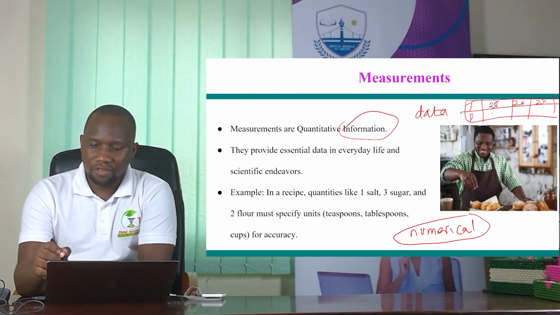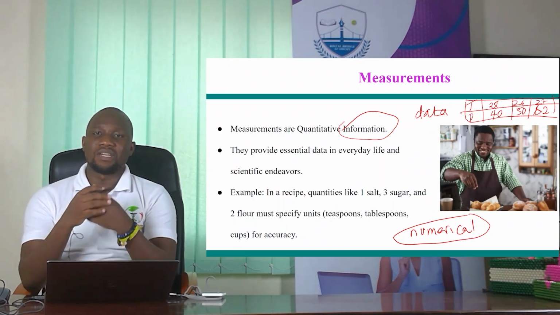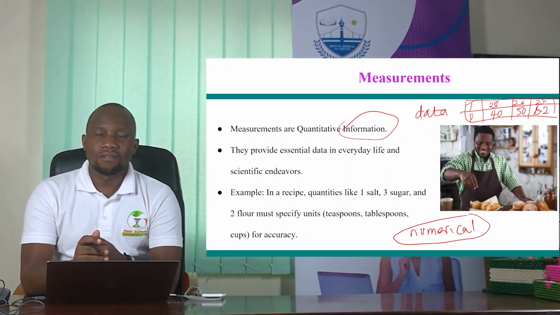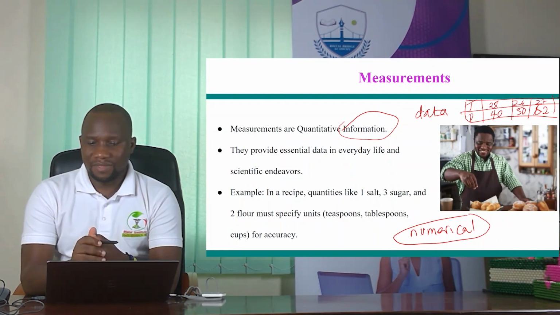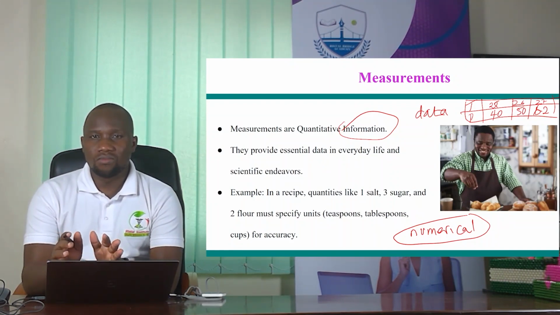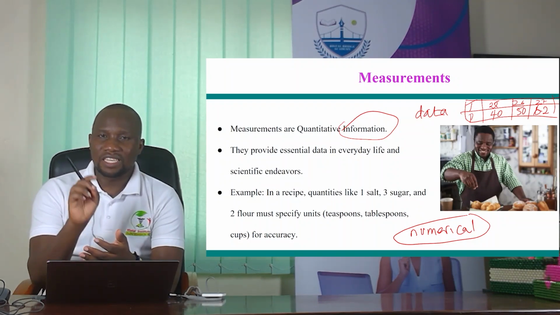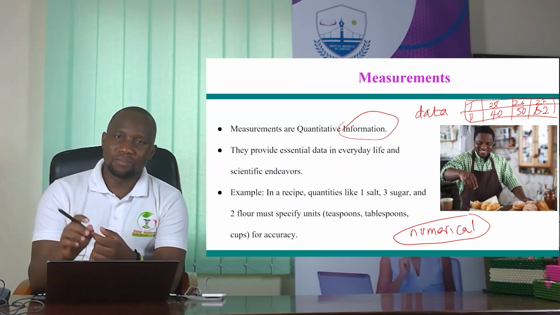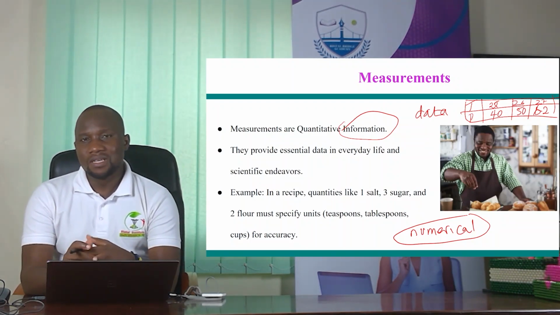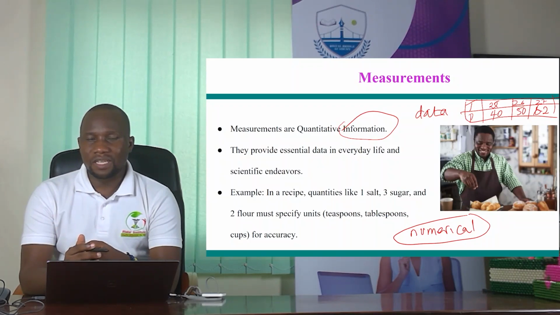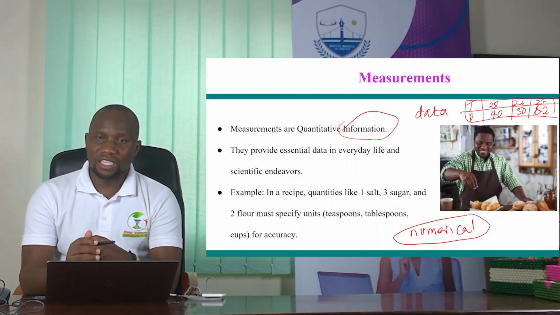Assuming we are having 40, 50, and then maybe 62. So these figures that you have collected about your experiment are what we call data. It does not tell us anything more. So if you collect information about a particular parameter that you're investigating, what you get is what you call data.